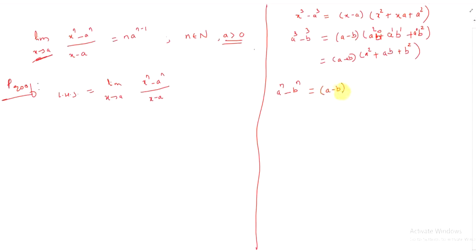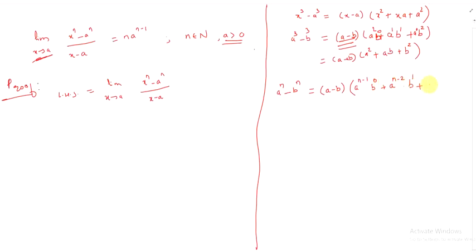Taking a minus b as a common factor like this one, and inside the bracket, after decreasing by 1, the power of a becomes n minus 1 and the power of b is 0, plus again decreasing by one more, that is n minus 2, and the power of b increases by 1, that is 0 plus 1, 1.